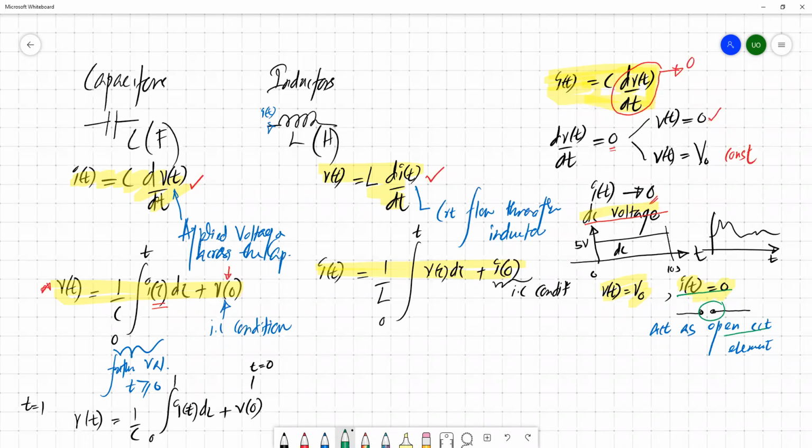For example, we'll take a small circuit here: a capacitor and a 5-volt source. For this capacitor scenario, you can basically think like this.